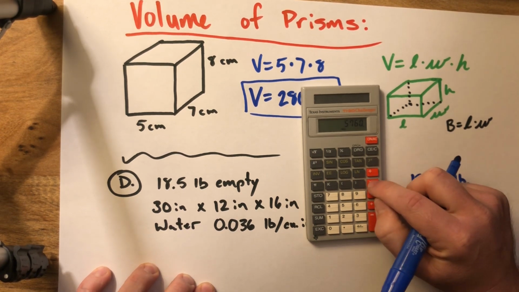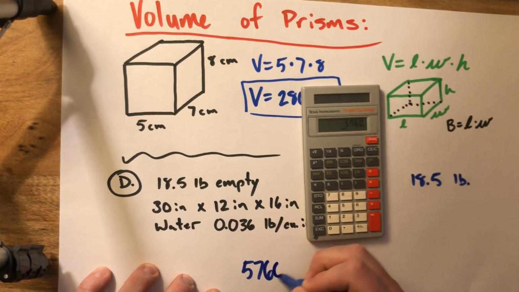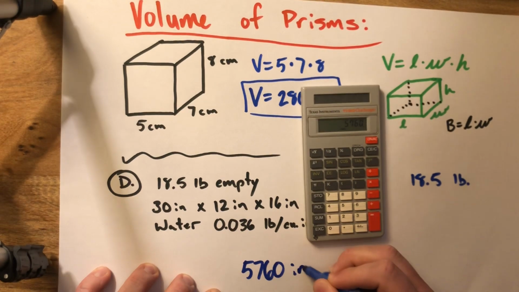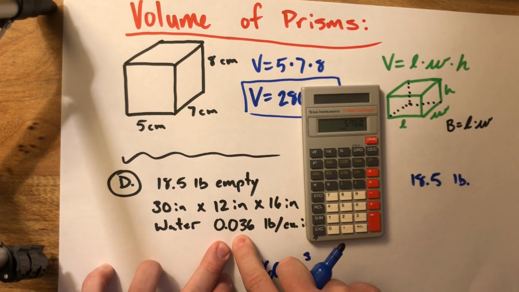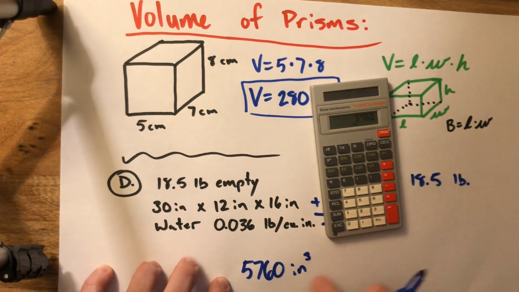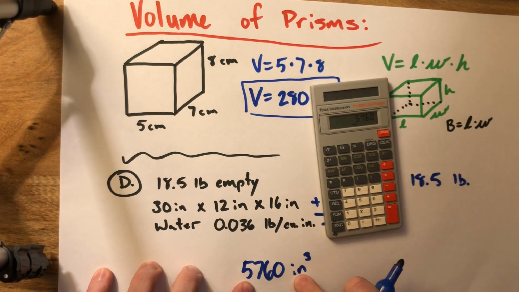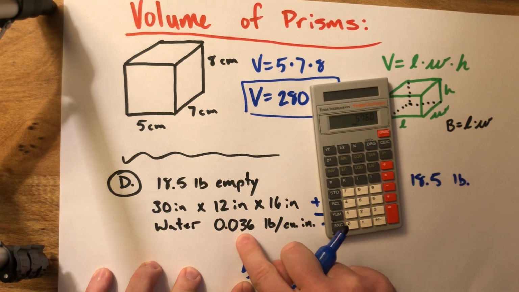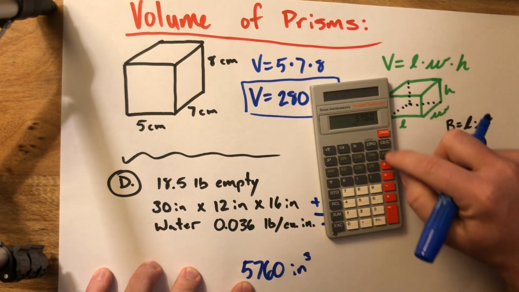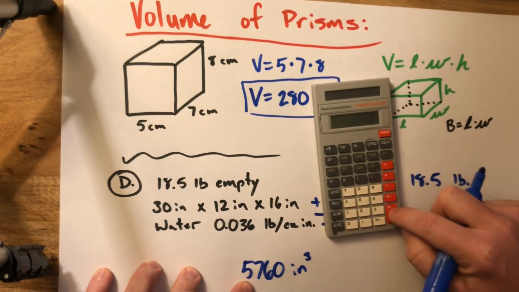Now, if I multiply this whole volume, 5,760 cubic inches, or inches cubed, by the weight of the water per cubic inch, we will have our weight of the water. So every one of those cubic inches, 5,760 of them, each one of them weigh 0.036 pounds. So we'll say times 0.036.